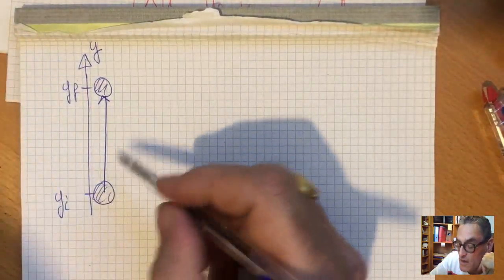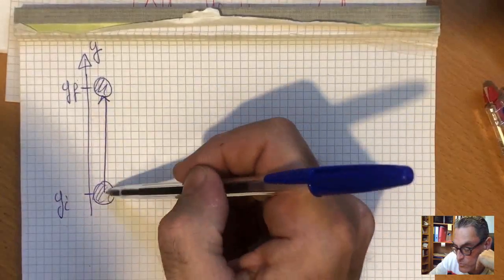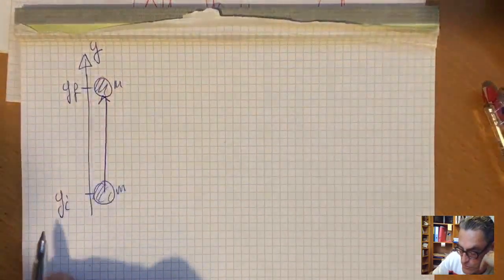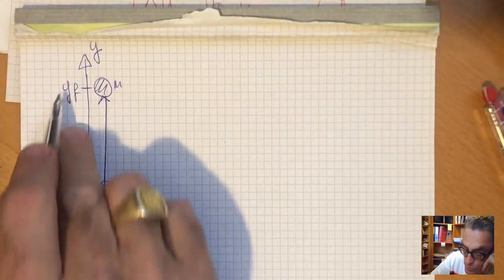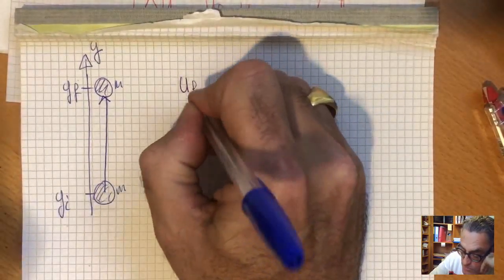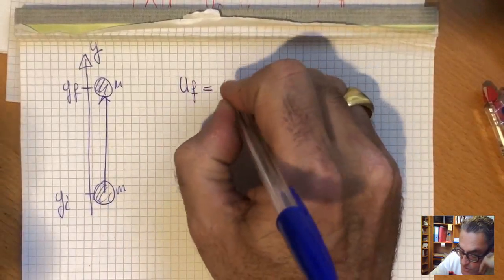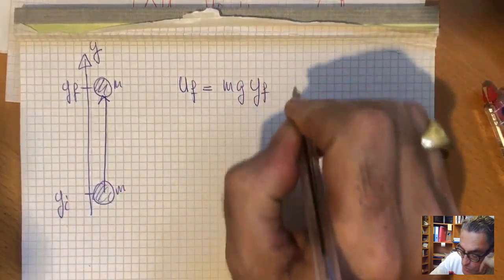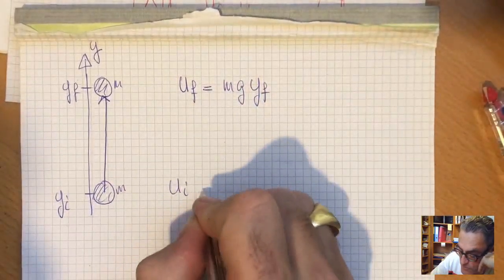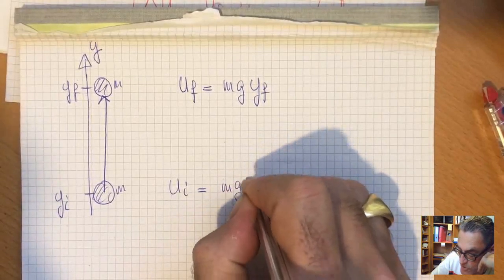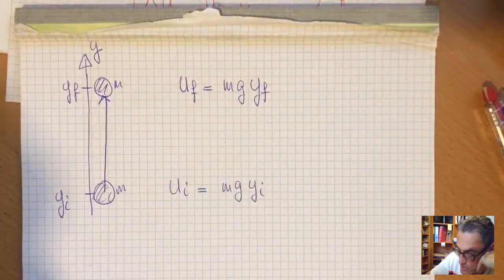Yeah, I don't know. Okay, so let's imagine we are lifting this tomato which has mass m from a certain altitude to a higher altitude. Okay, so here we would define the final potential energy as mg times y final. We would define the initial potential energy as mg times y initial.